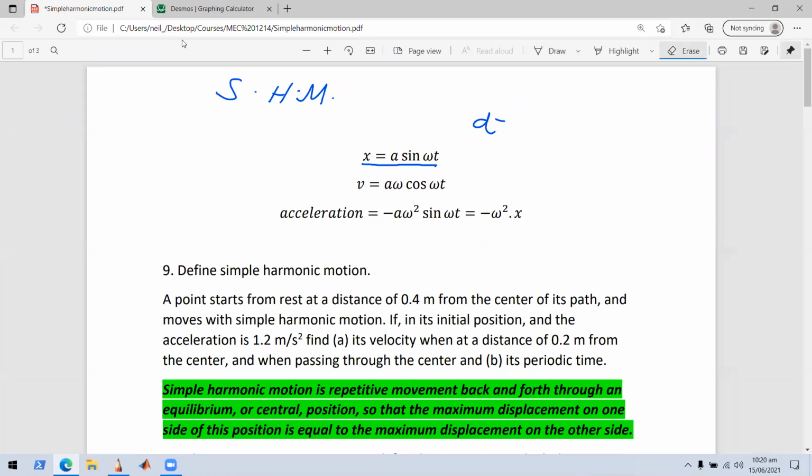So we differentiate that one time using the chain rule. The first derivative of sine is cosine. A function within a function, so the chain rule. So we need to differentiate the stuff inside the sine function. The first derivative of omega t is just omega, and then we multiply that. That's where this omega came from.